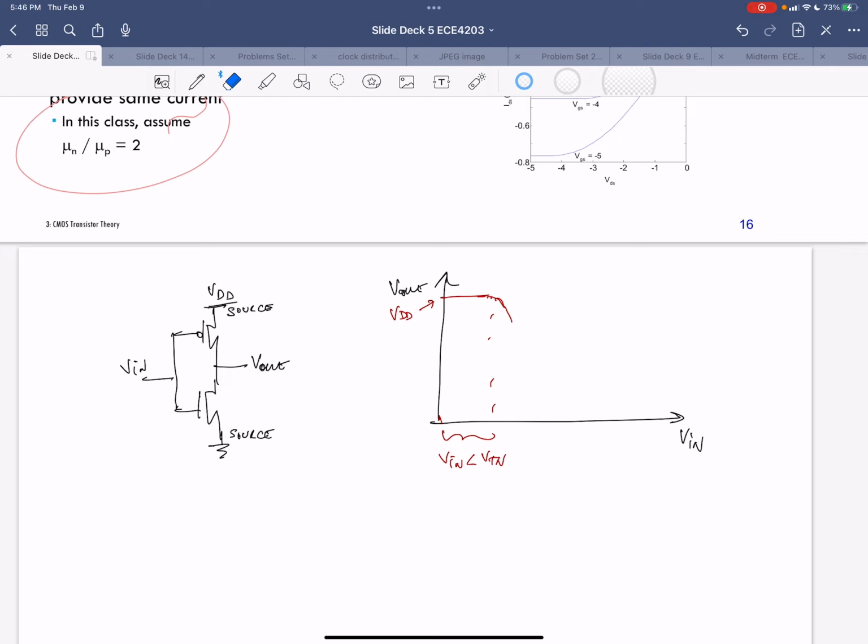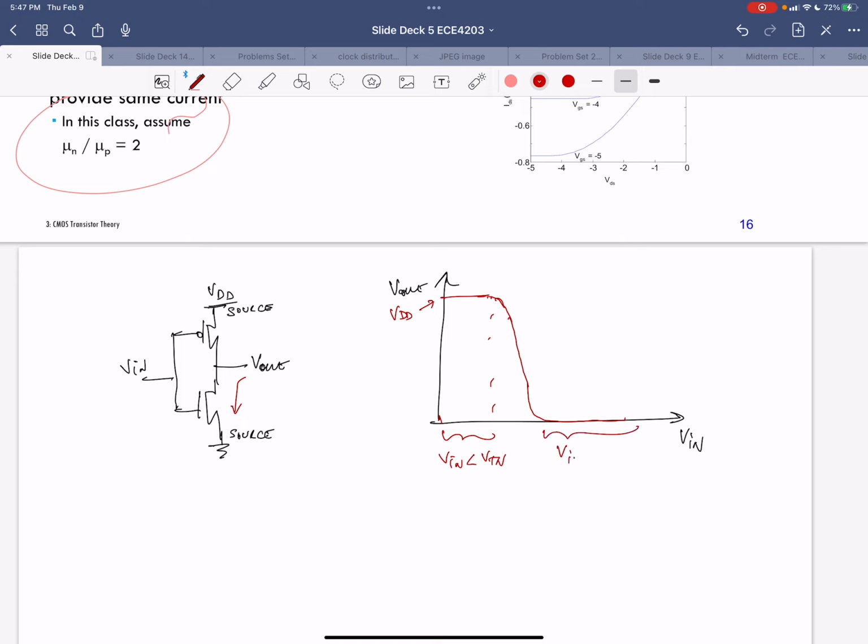As my V in is increasing, the VGS of my NMOS is increasing, and the absolute value of the VGS of my PMOS is decreasing. That means the NMOS is getting turned on more and more, so it's pulling down the output more and more, and then at some point the output goes to 0 because I'm going to turn off my PMOS.